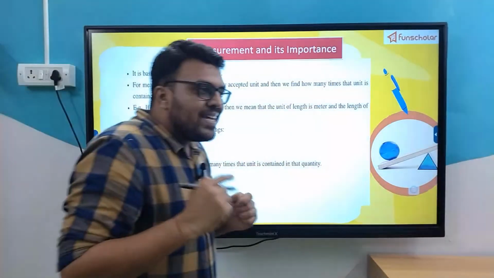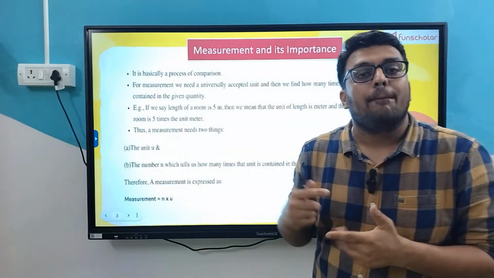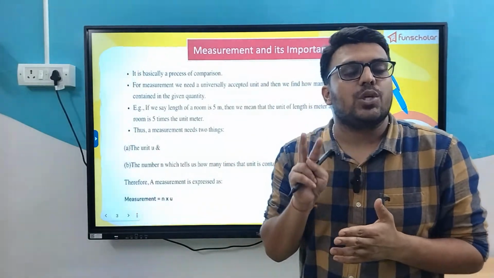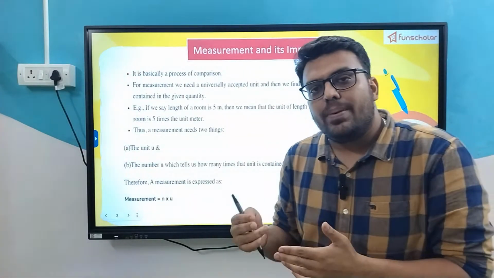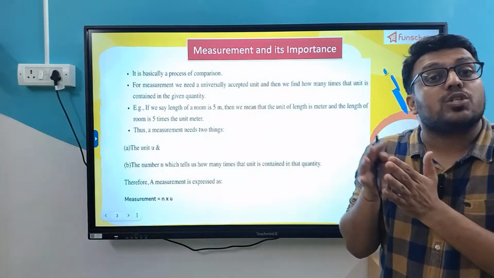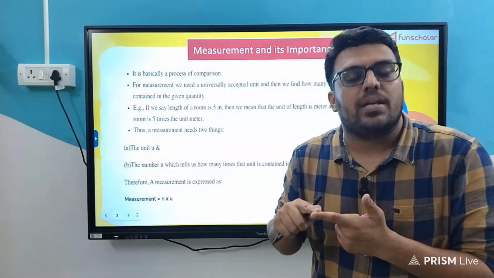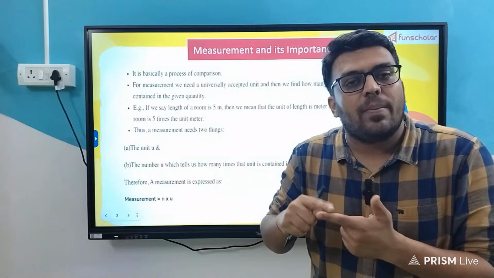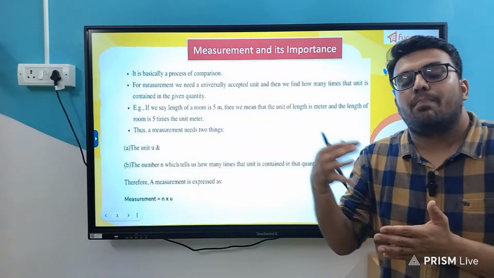Now जब भी किसी भी physical quantity की बात होगी, चाहे वो length हो, time हो, mass हो, हमेशा उसमें दो चीजें होंगी. Every physical quantity, every sort of measurement will be carrying two things. The first thing is the numerical figure, which is also known as the magnitude. यानी कि 5 kgs में 5 is the number, the numerical value, the numerical figure. इसको physics में या in definition of science we call as magnitude.